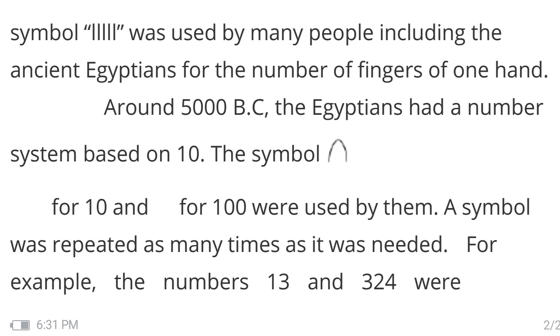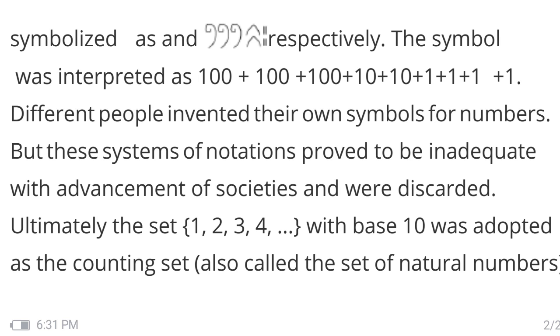For example, the numbers 13 and 324 were symbolized as a 10 symbol and 3 vertical bars, and in the second number the symbols were interpreted respectively as 100 plus 100 plus 100 plus 10 plus 10 plus 1 plus 1 plus 1 plus 1.